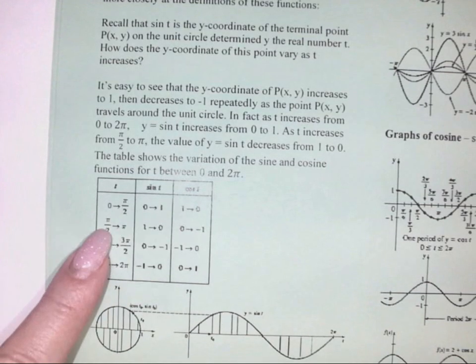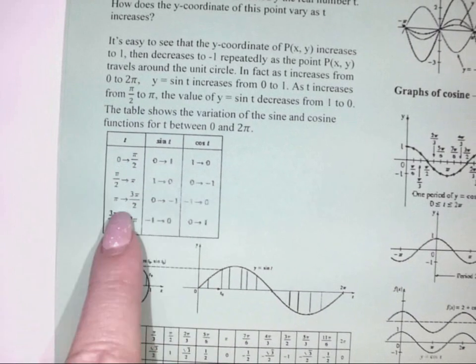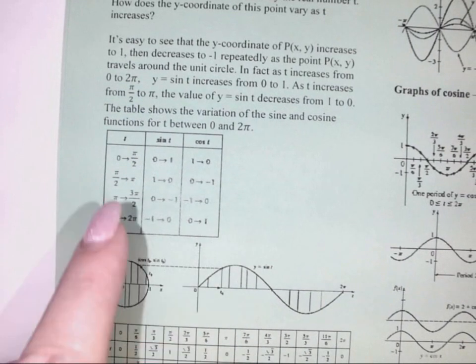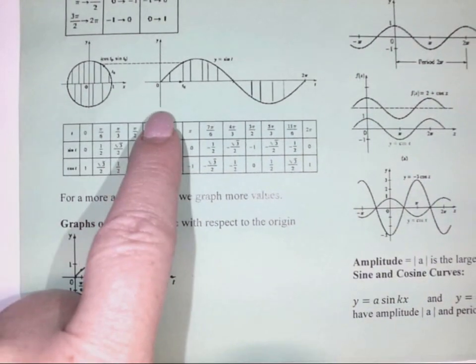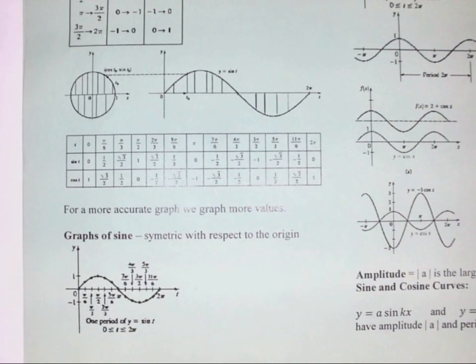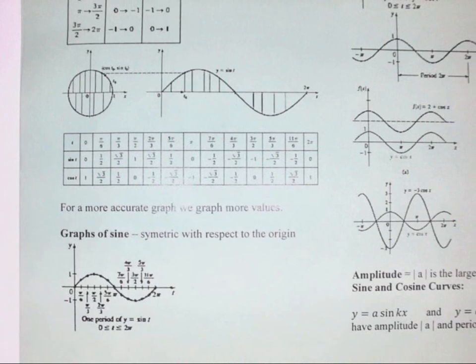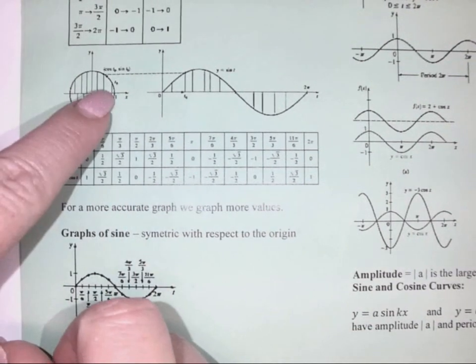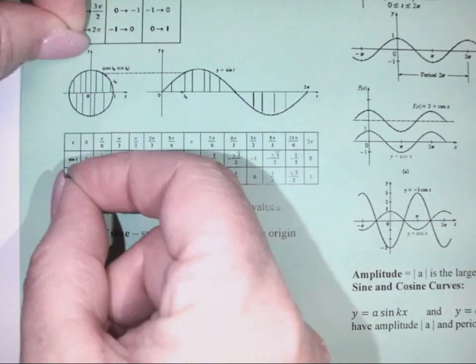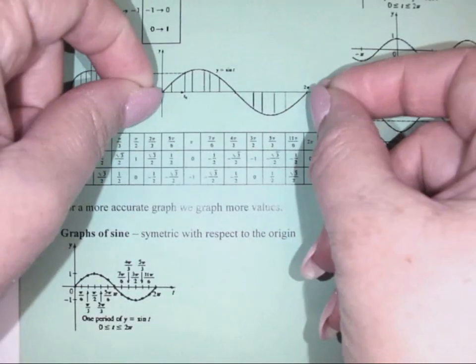We've got a little chart here showing what's happening to the value of our sine and cosine. And this is a graph that we are looking at of the unit circle. This is y equals sine t. What they did right here is they took the unit circle, took it apart, and put it on the graph.